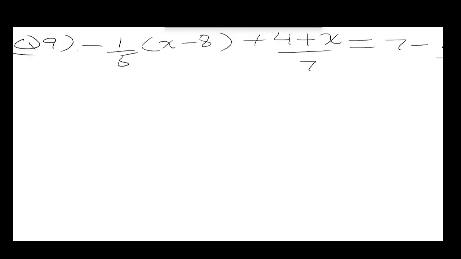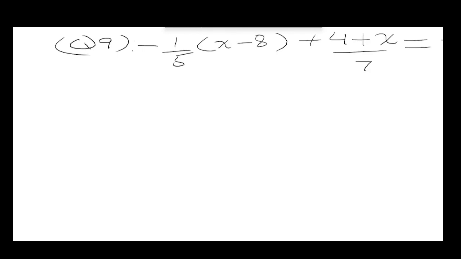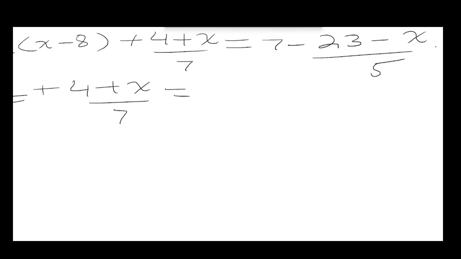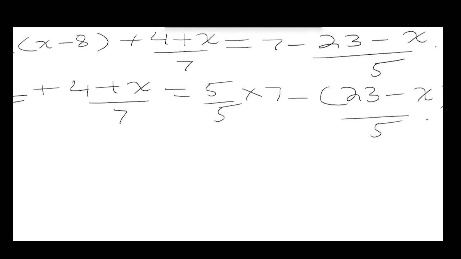Okay, so this will be (x minus 8) over 5 added with (4 plus x) over 7, and then this will be equal to 5 by 5 multiply 7, then we will use the sign of minus bracket (23 minus x) over 5.